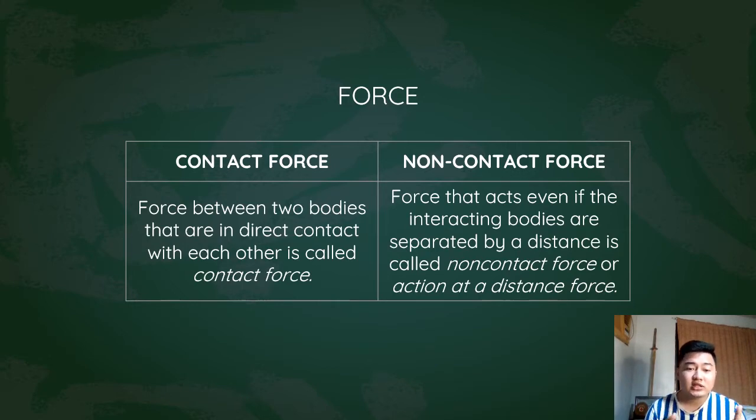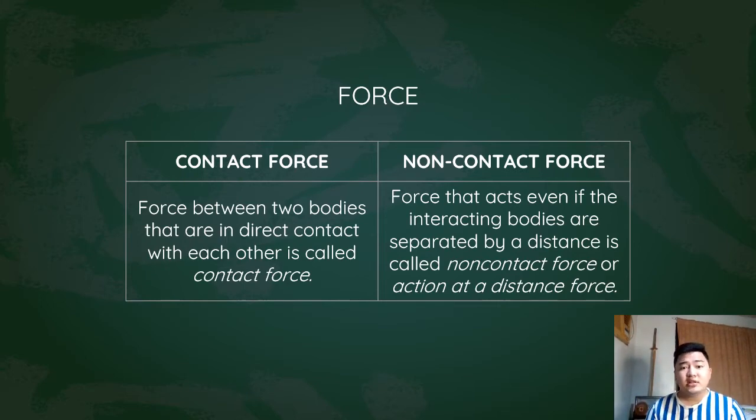So contact force is a force between two bodies that are in direct contact with each other. While non-contact forces are also called action at a distance forces because even though they are far from each other, or have space between them, they can still exert force on one another.